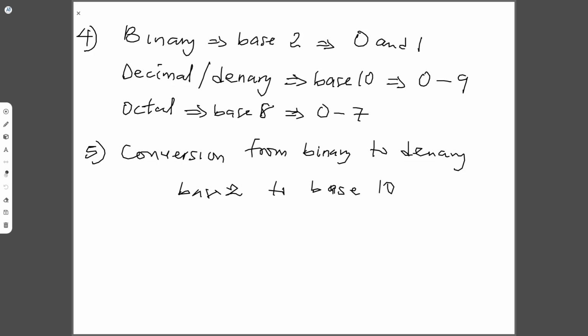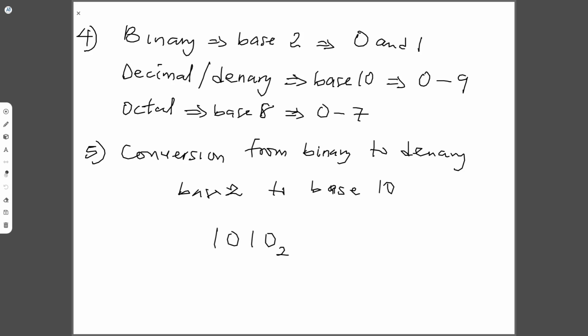And what we use is what we call the multiplicative and power approach. That is, we have 1, 0, 1, 0 in base 2 to be converted to base 10. The approach we'll be using is what I call the multiplicative and power approach.